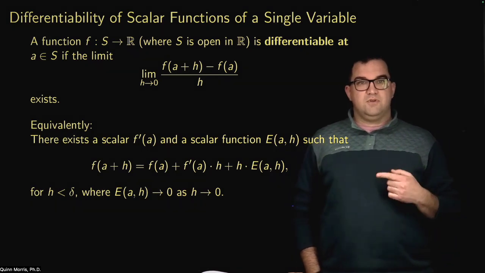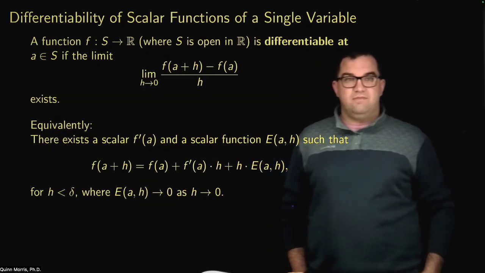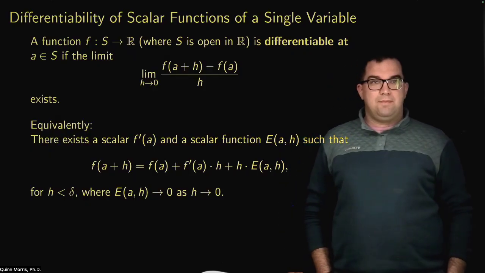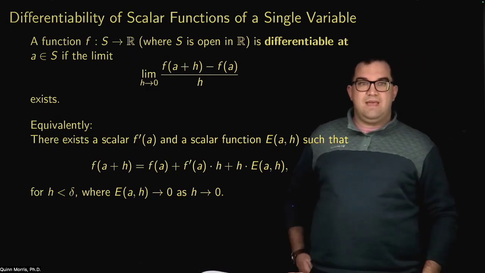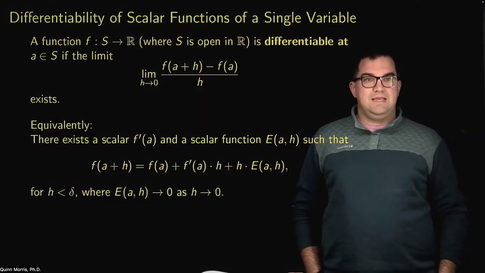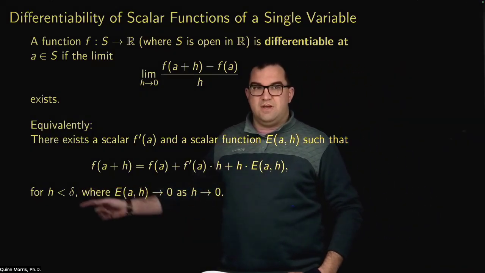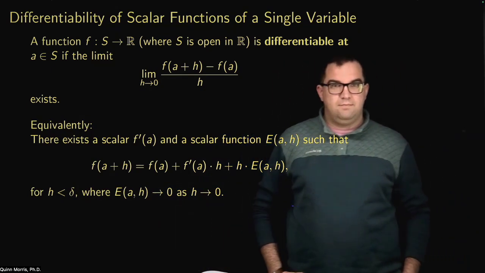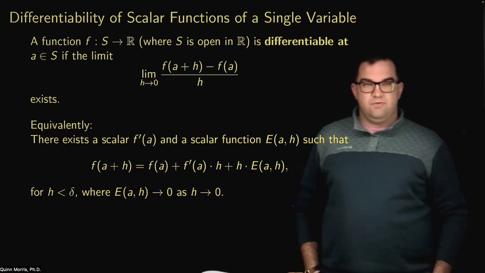We could say a function f is differentiable at A if there exists a scalar, which we'll call f prime of A, and a scalar function, capital E, which will depend on A and H, such that f of A plus H is equal to f of A plus f prime of A times H plus H times E of A, H. And this should work for H values that are sufficiently small, less than some delta. And the function E of A, H should go to 0 as H goes to 0.